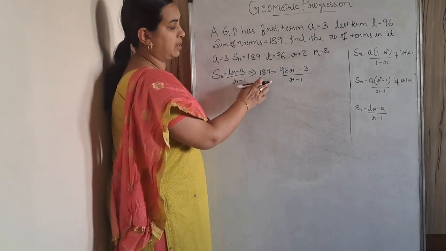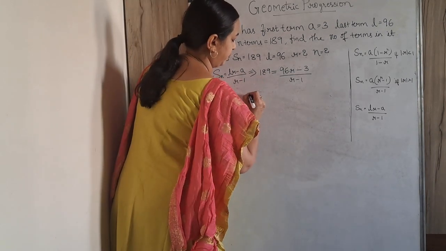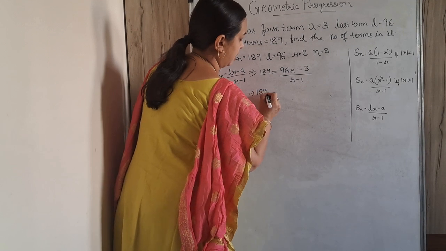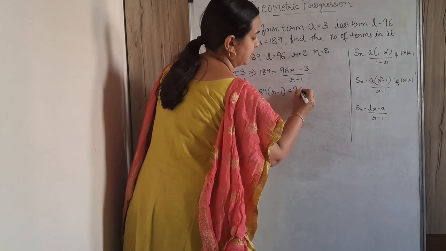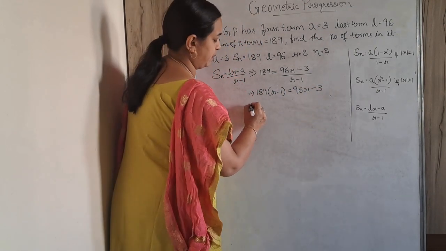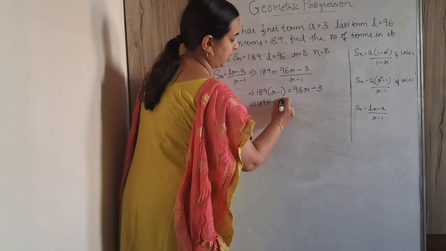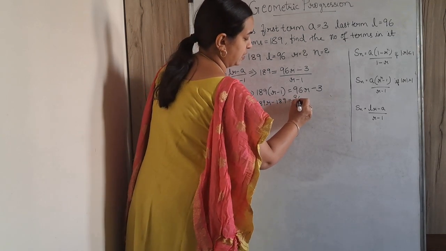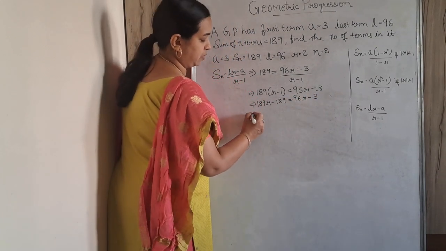So we are going to find R here, cross multiply. This will be 189 into R minus 1 is equal to 96R minus 3. So this will be 189R minus 189, which is equal to 96R minus 3. So transfer this term to the left hand side.